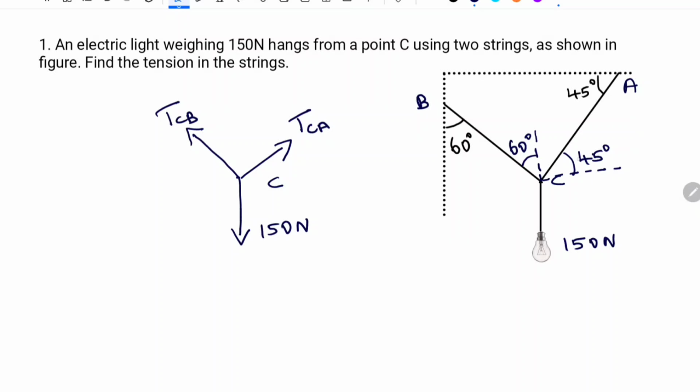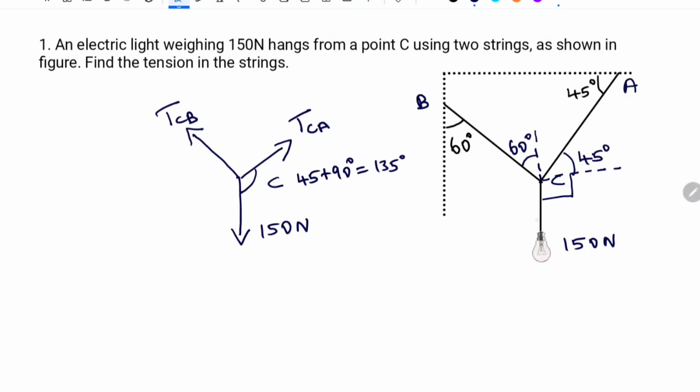So if the angle between AC and the horizontal surface is 45 degree and the remaining angle is 90 degree, the angle between TCA and 150 Newton is 45 plus 90 degree, that is equal to 135 degree. In Lami's theorem, calculating the inclination between the forces is very essential.